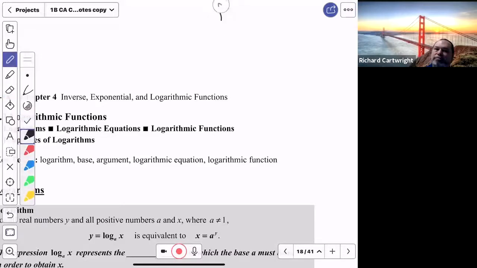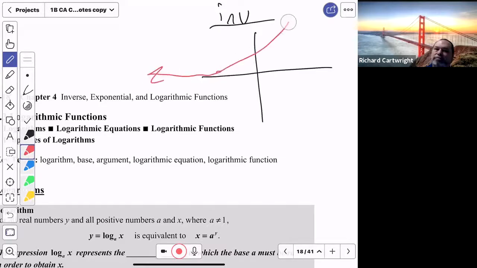One of the things that we have learned about inverse is that if I have a graph of a function, let's say exponential. Remember what exponential did? Asymptotic, horizontally, wants to approach the x-axis. At 0, it goes to 1.